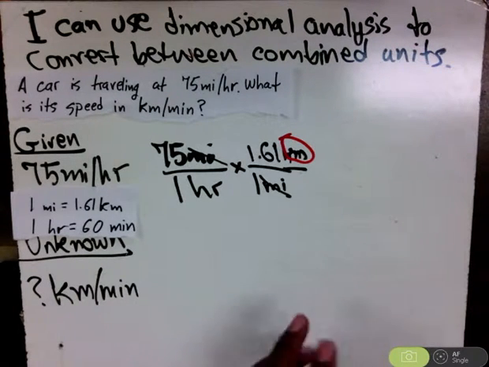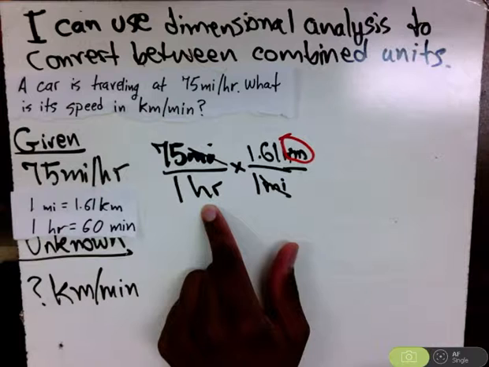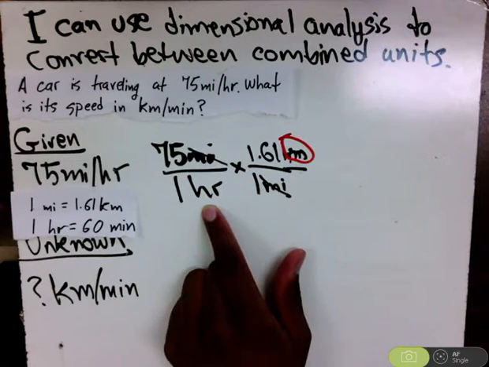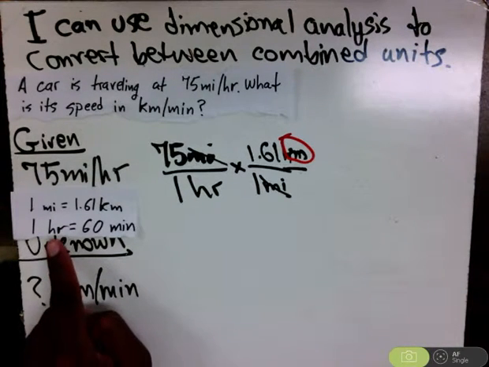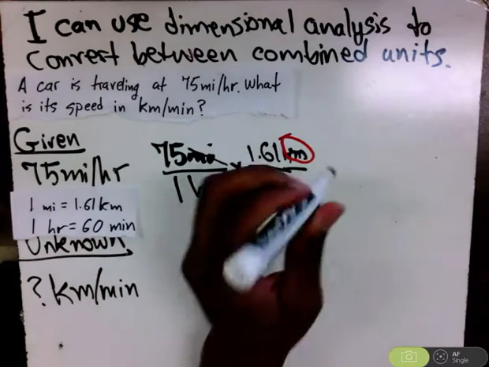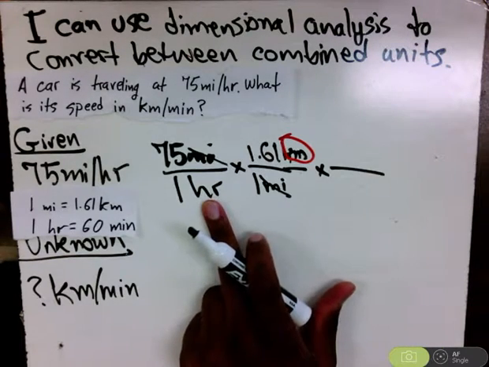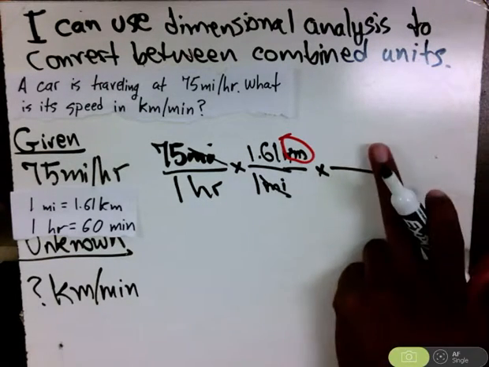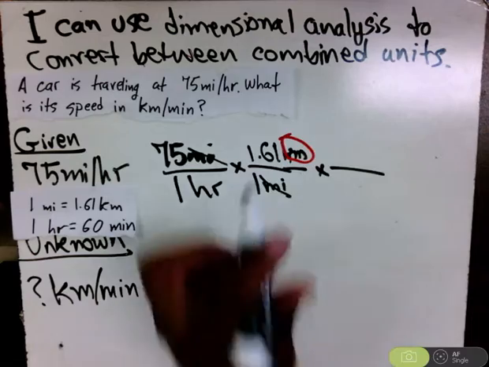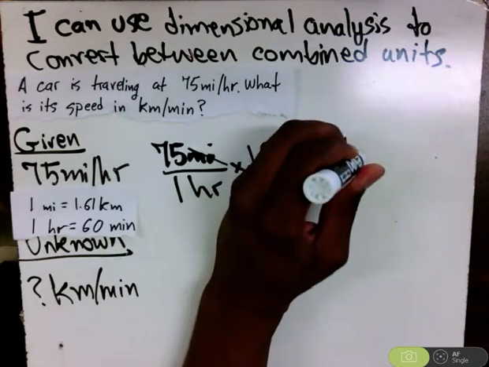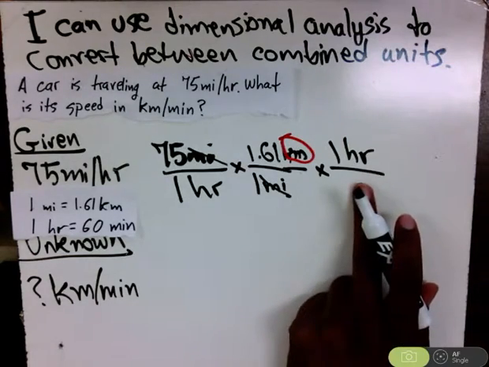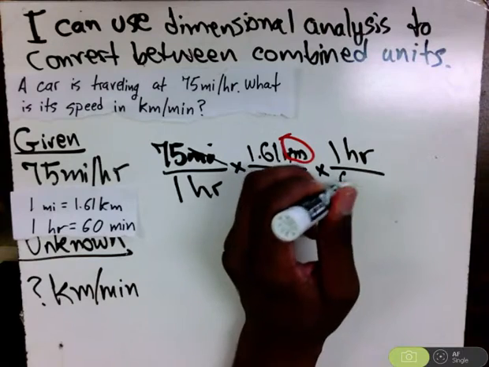Next, I'm going to convert my hours to minutes. I do that by multiplying by this conversion factor using this relationship. Since I have hours here on the bottom, I want to make sure my hours is on top so that it cancels. So I'll say 1 hour is equal to 60 minutes.